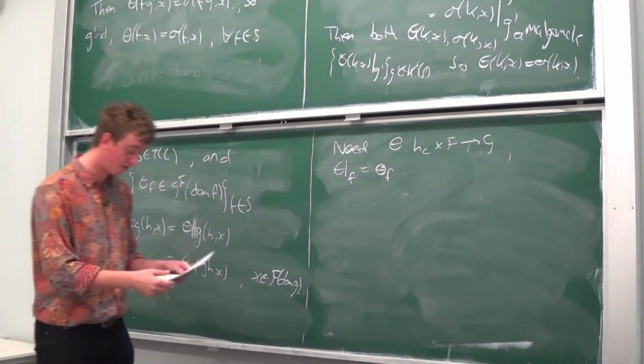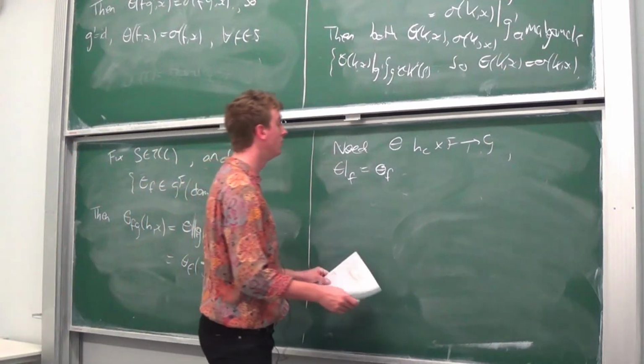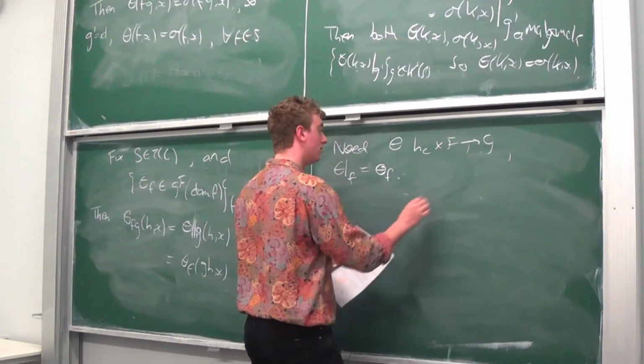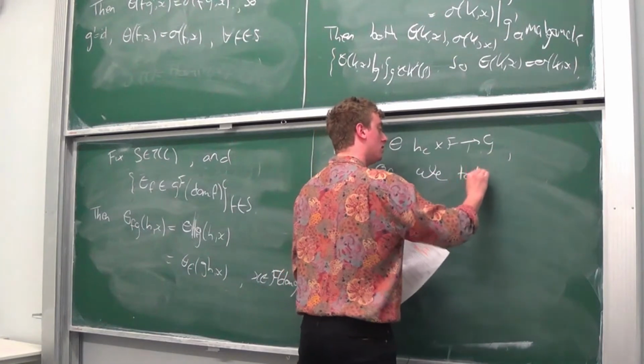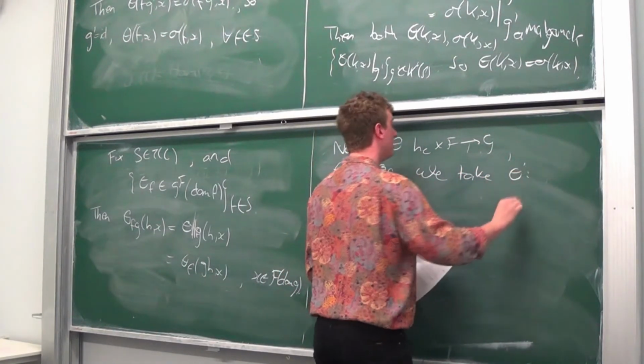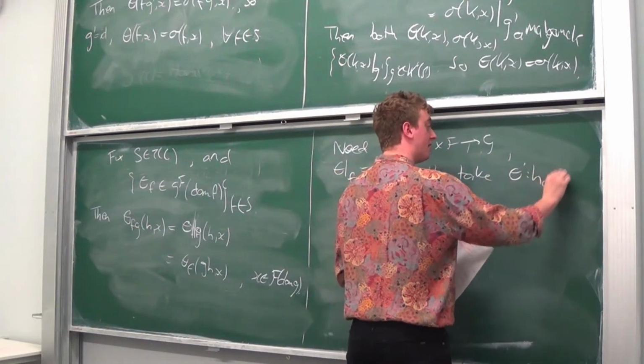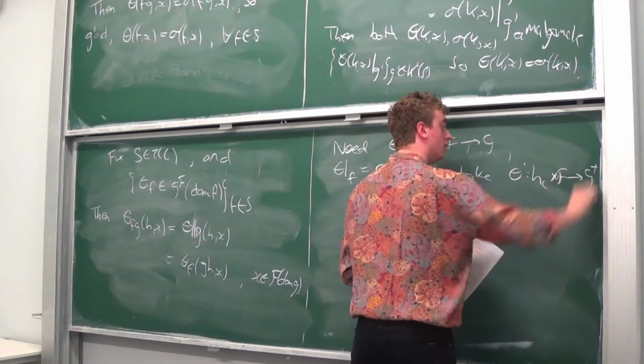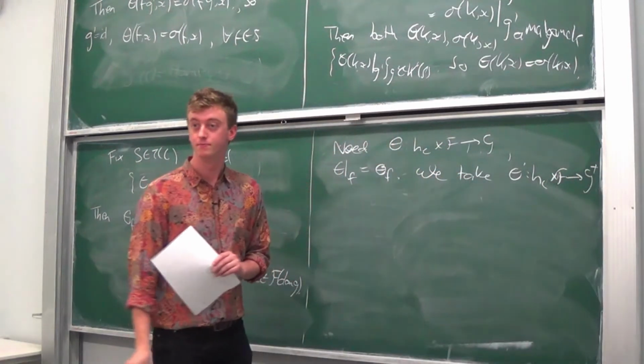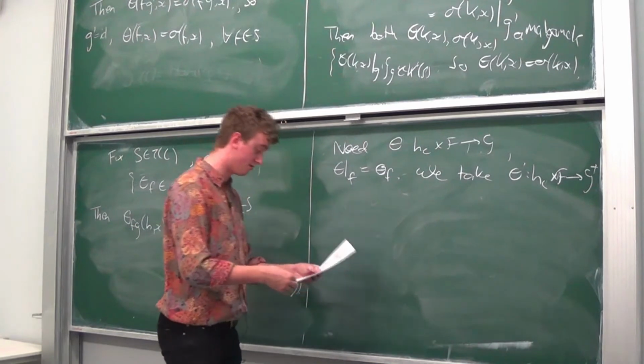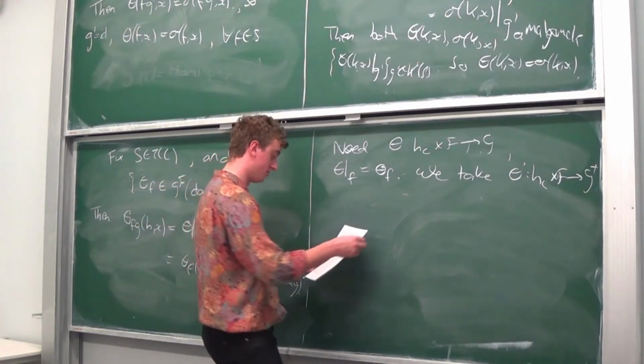It turns out that it will actually be sufficient to take theta prime going from hc times f to g plus, such that the following diagram commutes.